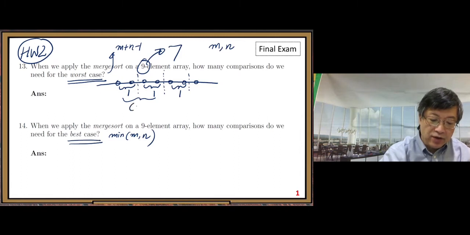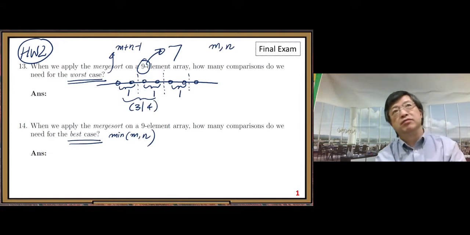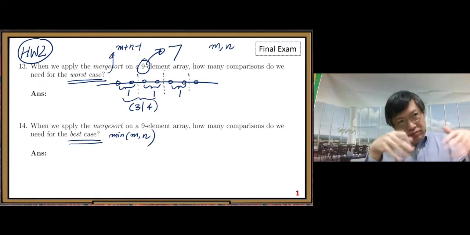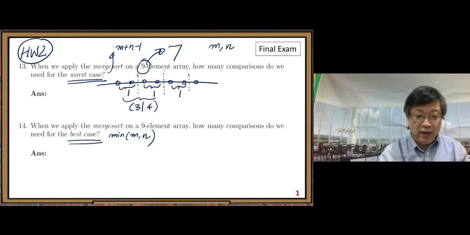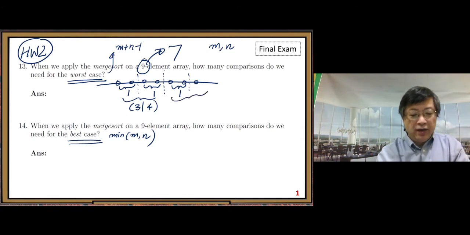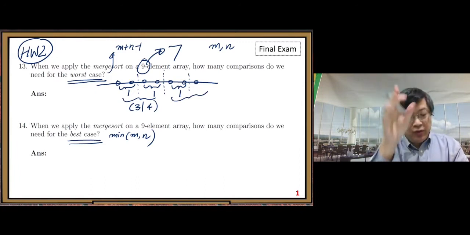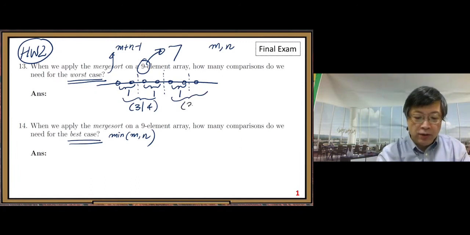Here I like to write it this way: 3 vertical bar 4, meaning 3 comparisons, and the result array has 4 elements. In this way, I can use these numbers next time. Combine these two arrays: total number of elements minus 1, total 3 minus 1 is 2. So 2 vertical bar 3.